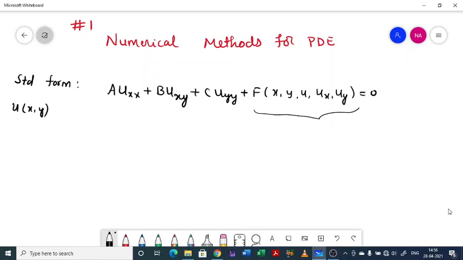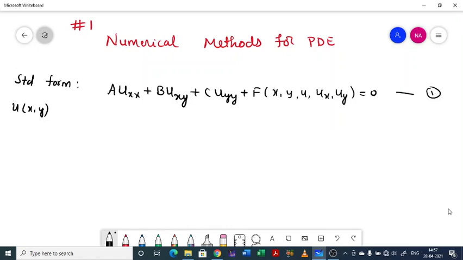We have kept everything else on the other side. See, this represents functions in these variables x, y, u, ux, uy. We have kept this part separate because this part is most important for classification. So this is the standard form of a second order linear partial differential equation. Let us call this equation 1.